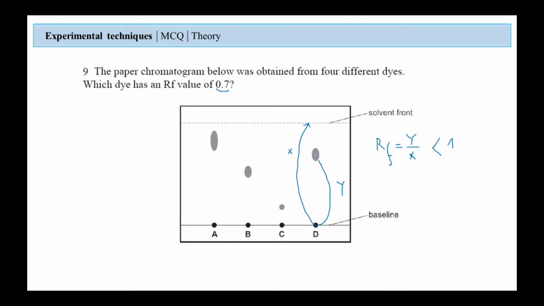And for D, we will be measuring from the center of the spot till the baseline. And this is the Y distance. And we will be dividing it over the distance from the baseline till the solvent front. Then we compare for each one, which is the retention factor, which is equal to 0.7. And actually, if you do this on your paper, you will find out that the right answer will be D.